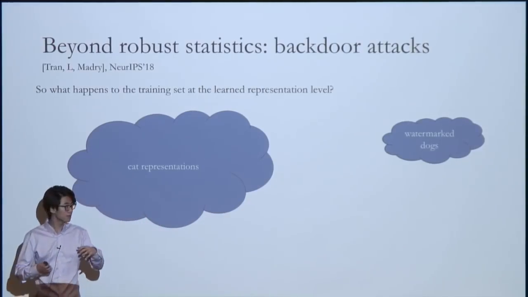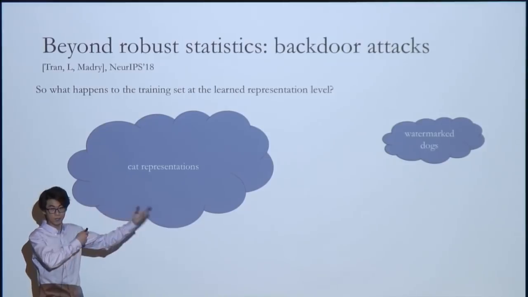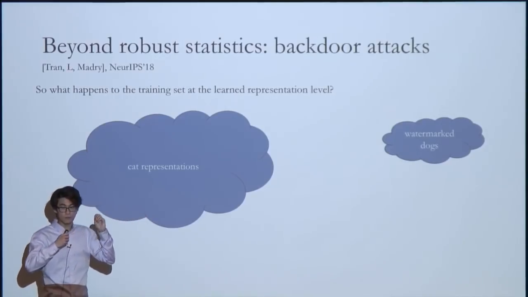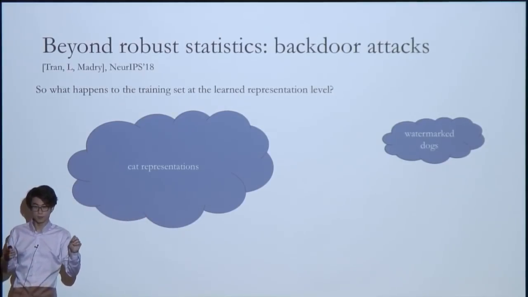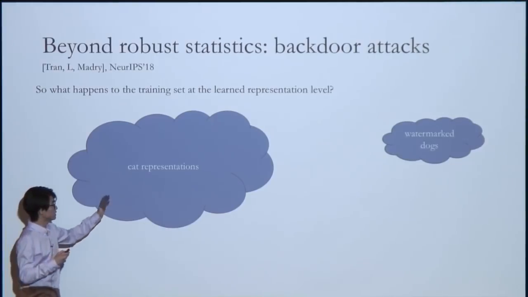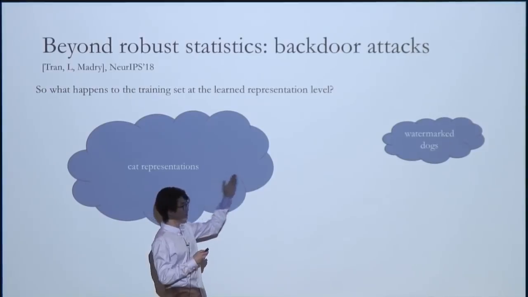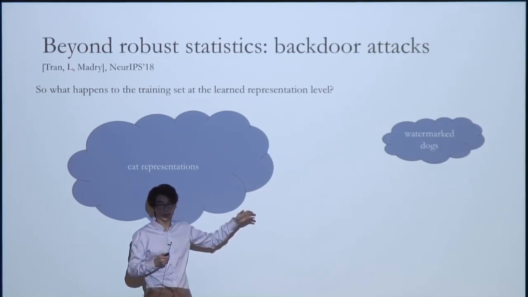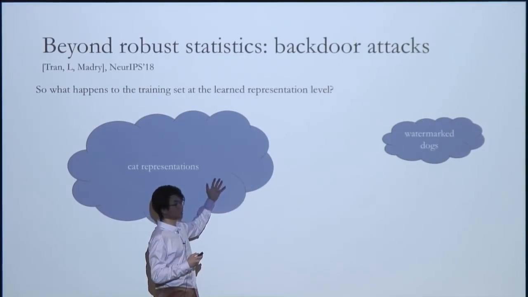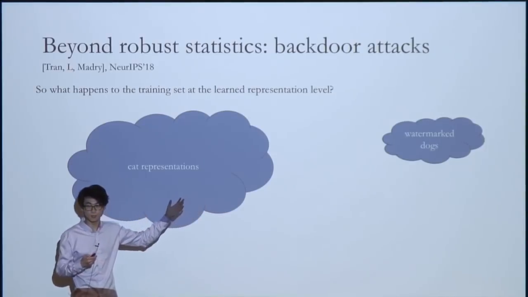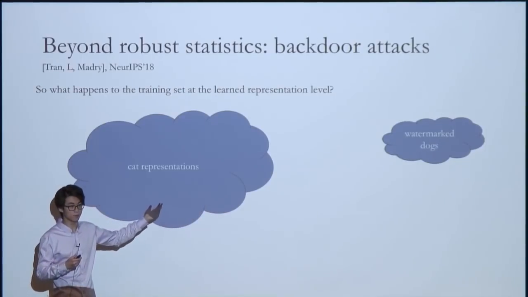It's going to be because of this watermark. You're ignoring all the features of real cats and amplifying the signal of this watermark. And so in this space, it turns out that there's quite a reasonable separation between these. In particular, the distance between these distributions is sufficiently large that the empirical covariance of this distribution in representation space is going to have a very large eigenvalue, much larger than there should be.